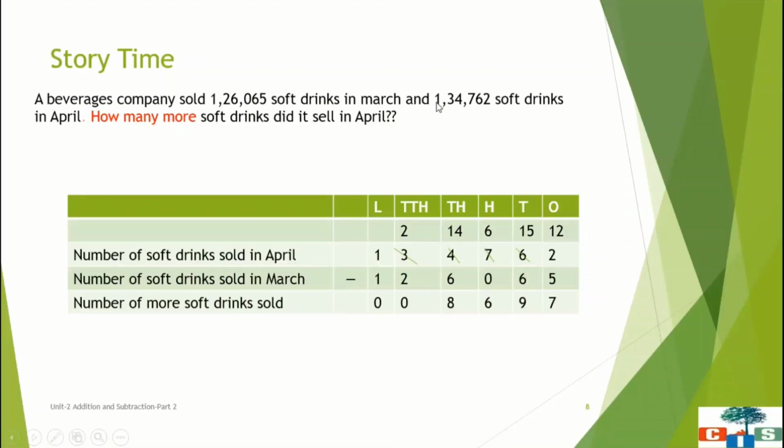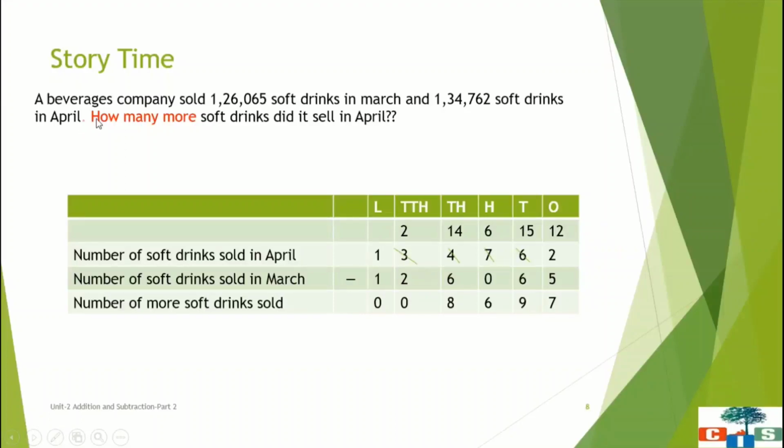This number shows the number of soft drinks sold in April. So the next statement will be: number of soft drinks sold in April is equal to 1,34,762. In subtraction we have to write the larger number first and then the smaller number, so here we have written the larger number first and after that the subtrahend.